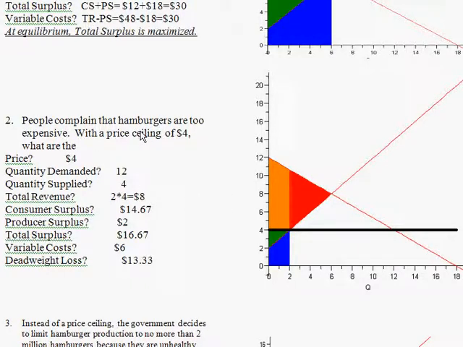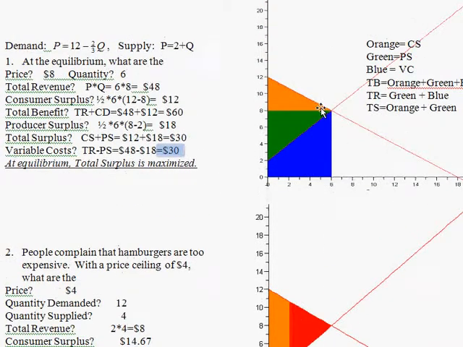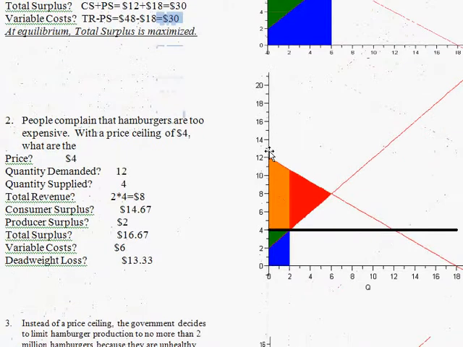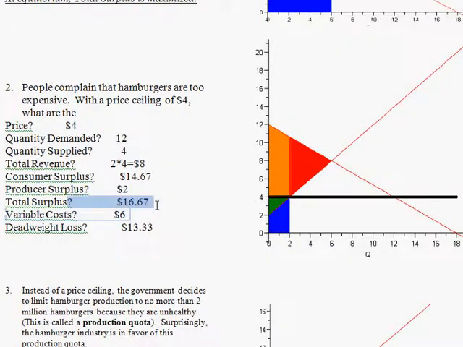With the price ceiling of 4, the total amount of the orange and the green, the total surplus, goes down. It was 30, and now we calculated it in that part of the video to be $16.67 in total surplus. And so this deadweight loss is the amount that the total surplus goes down, and that's $13.33.